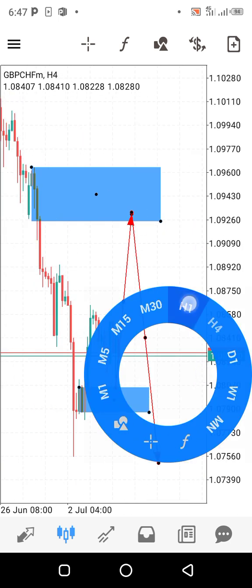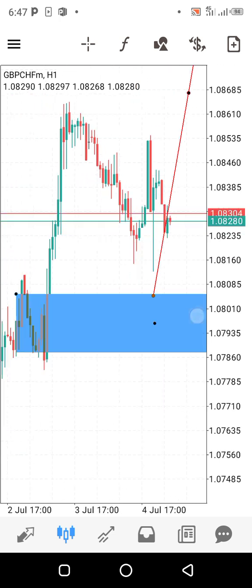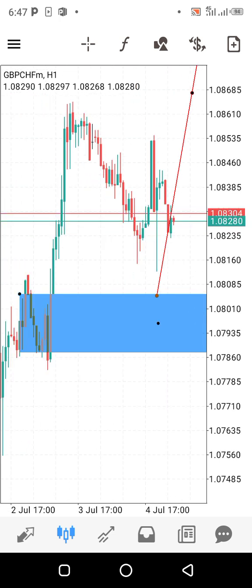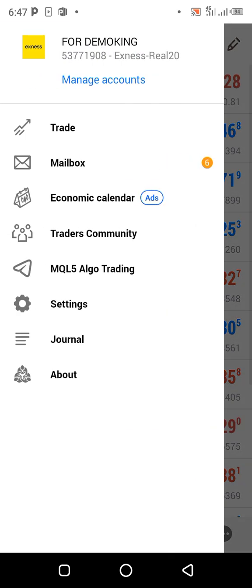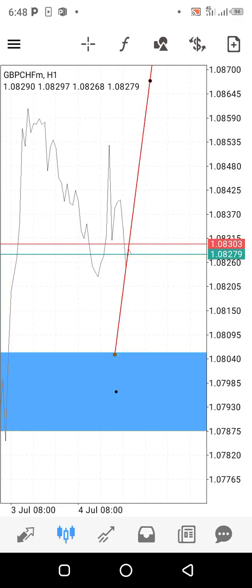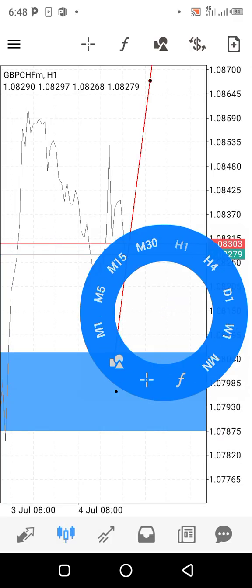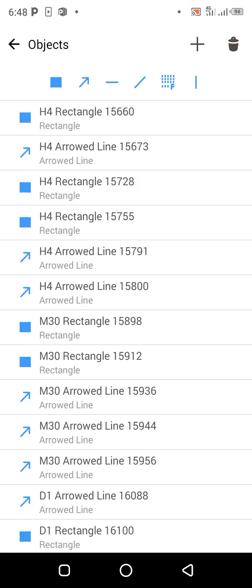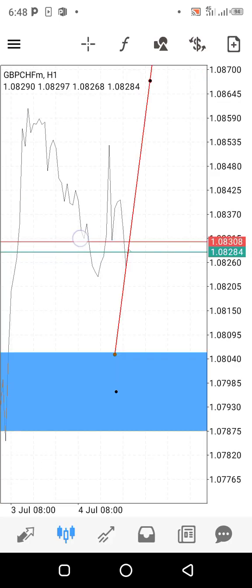So for H1, do we have any setup on the H1? Let's first switch to the line chart and see if we have any setups. You can see that here we have a bit of QM.